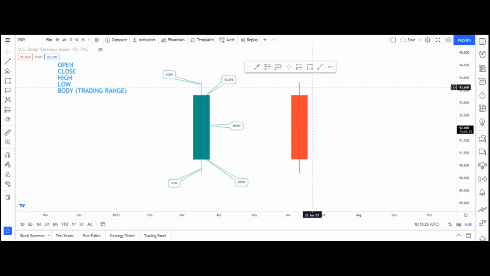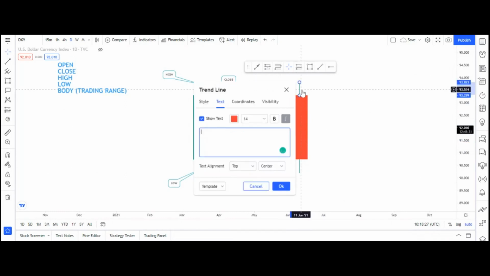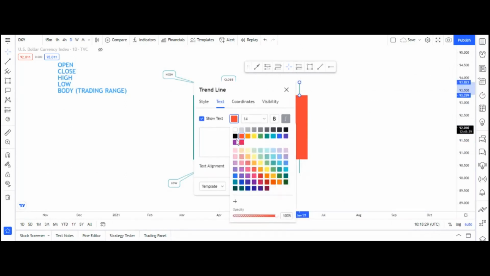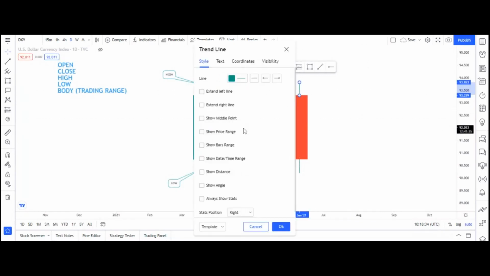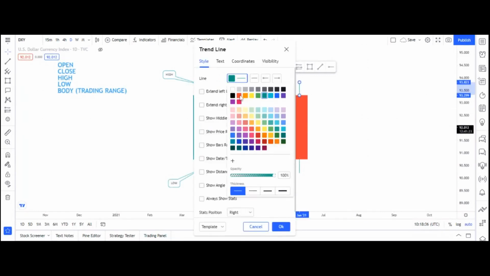It's most times color red or color black. That's the color it actually has most times.